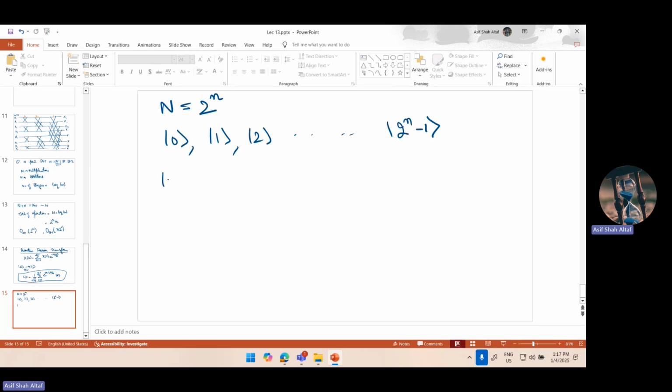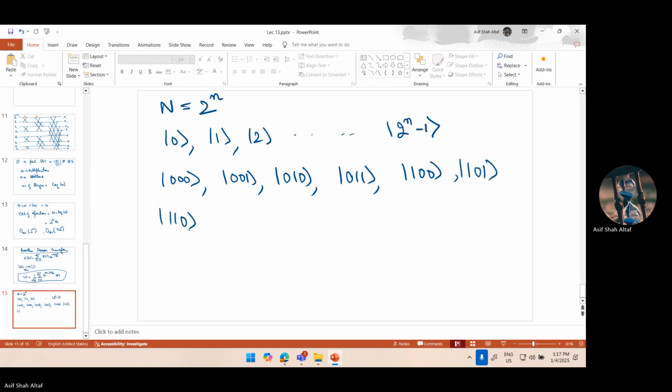For n equal to 3, I can write the bases as 000, 001, 010, 011, 100, 101, 110, and 111. And if you want to convert any one of them back to decimal notation, that is easy.